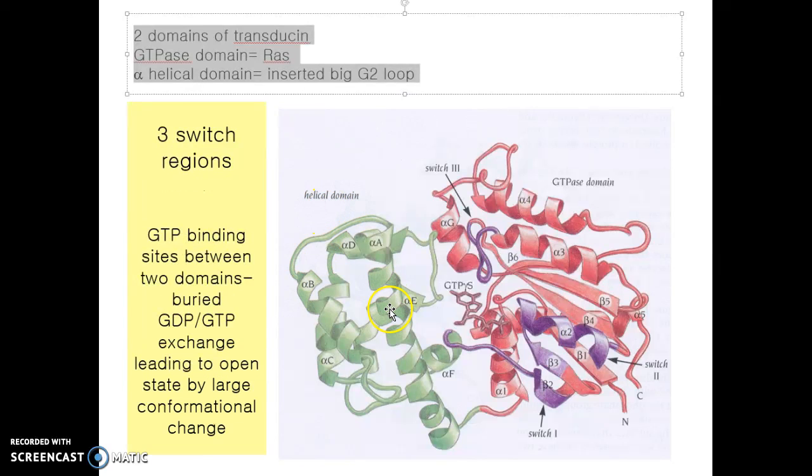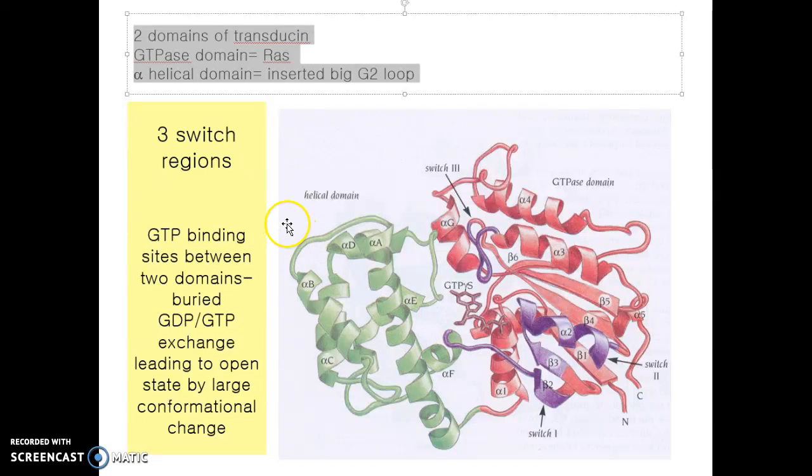Transducin has 2 large domains. The GTPase domain in red color is homologous to the Ras protein. The alpha helical domain in green color is inserted into the G2 loop in comparison to Ras protein.